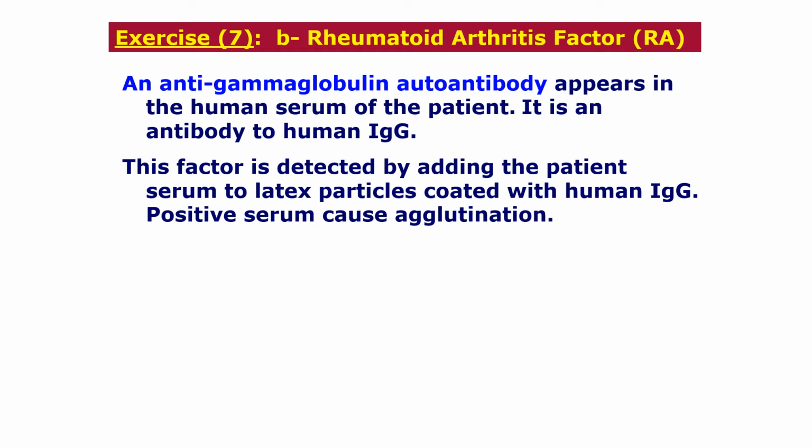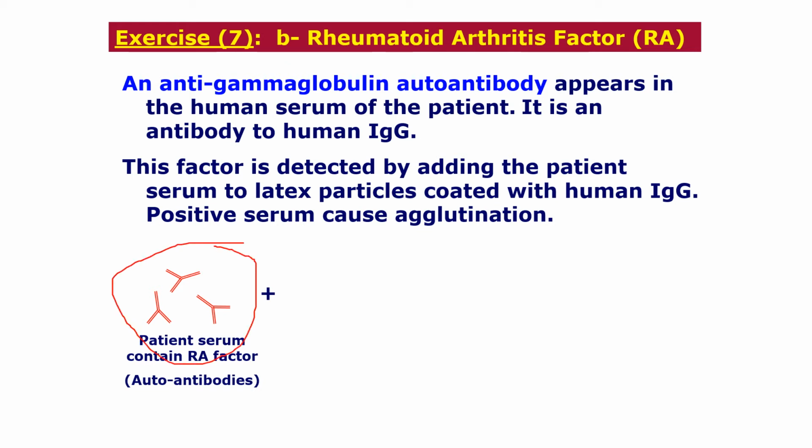Okay, so how can we detect these in the blood? First of all, we have to acquire the serum sample. If our suspected patient has rheumatoid arthritis factor, his serum will contain anti-gamma globulin autoantibody. So our latex coated beads must have the antigen.